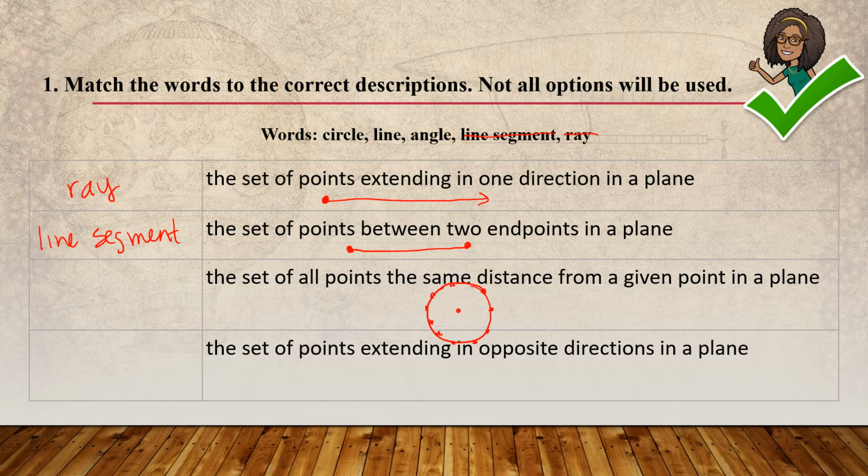So I can recall that this is a circle. And the last one is a set of points extending in opposite directions in a plane. If I have a point here and another point in one direction, and that same point with another point in the opposite direction, I can see that these points form a line.